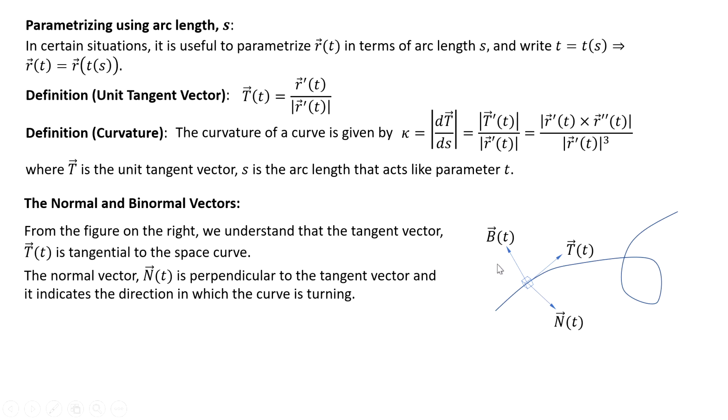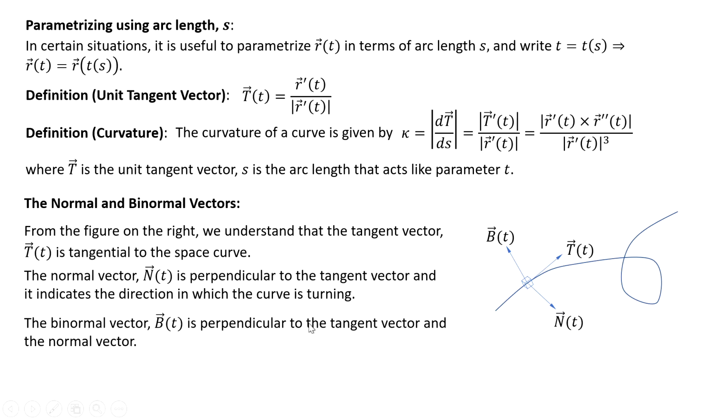Cool. And the binormal vector is a fairly straightforward one. The very fact that we are using "bi" means two. It's normal to two things. Normal in the sense of perpendicular to two vectors. Which vectors? One is the unit tangent vector, and the other one is the normal vector. So the binormal vector is perpendicular to both of them. And each of these vectors will become useful.